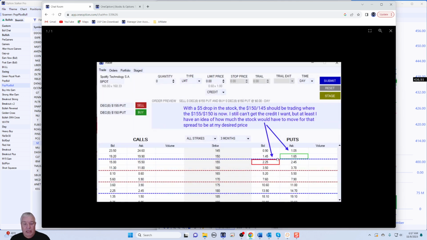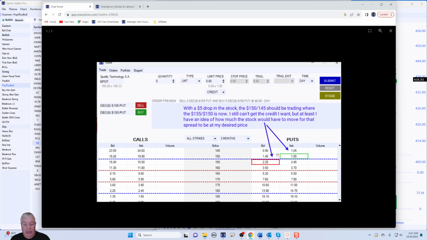If there's a $5 pullback where the 155, 150 bullish put spread is currently trading, well, this is where the 150, 145 bullish put spread will be trading on a $5 pullback in the stock. So we just shift down one level.